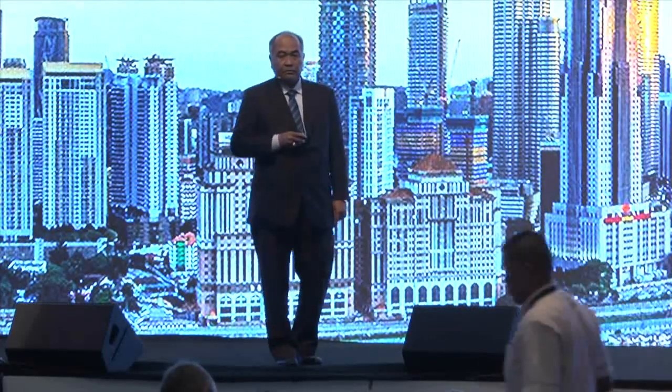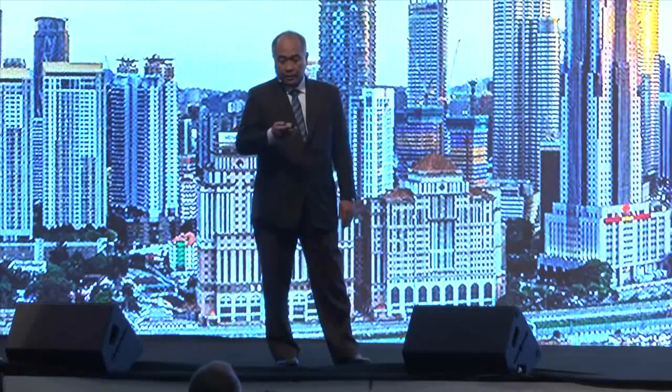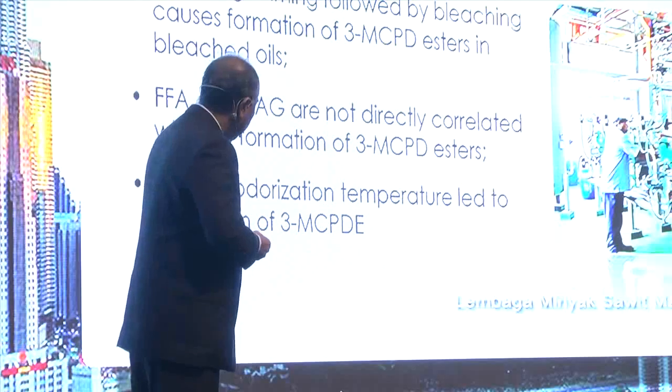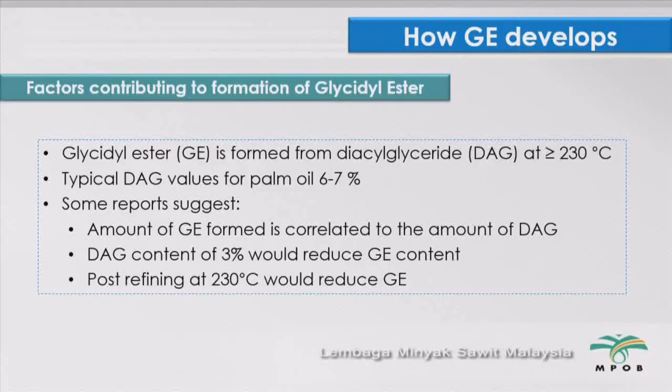So we have to understand the problem first before we can solve the problem and come up with a solution. Again, factors contributing to formation of GE. GE is formed from DAG at above 230 degrees Celsius. Actually it's 260, that is the norm for the deodorization temperature.